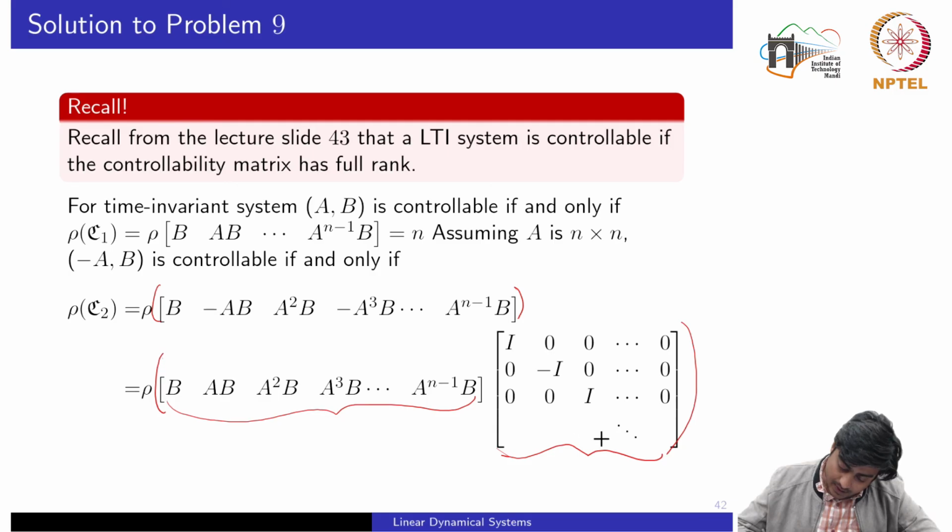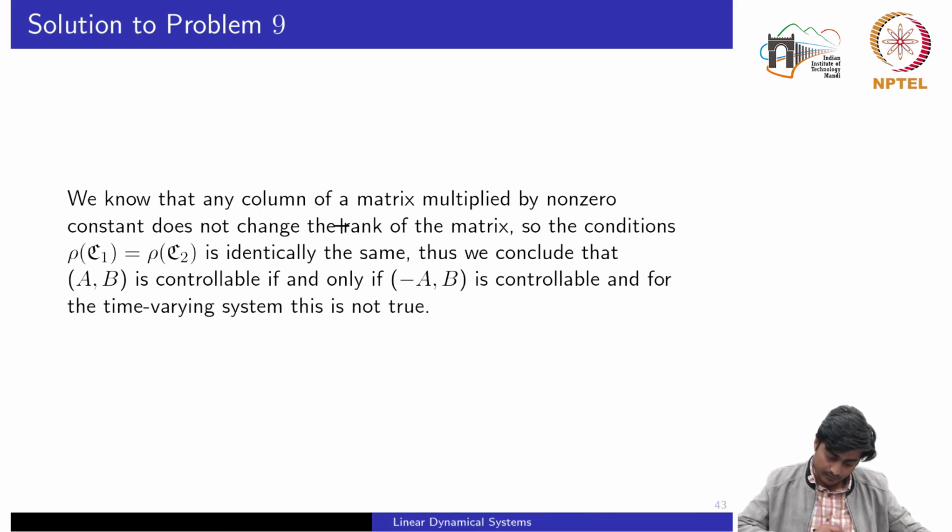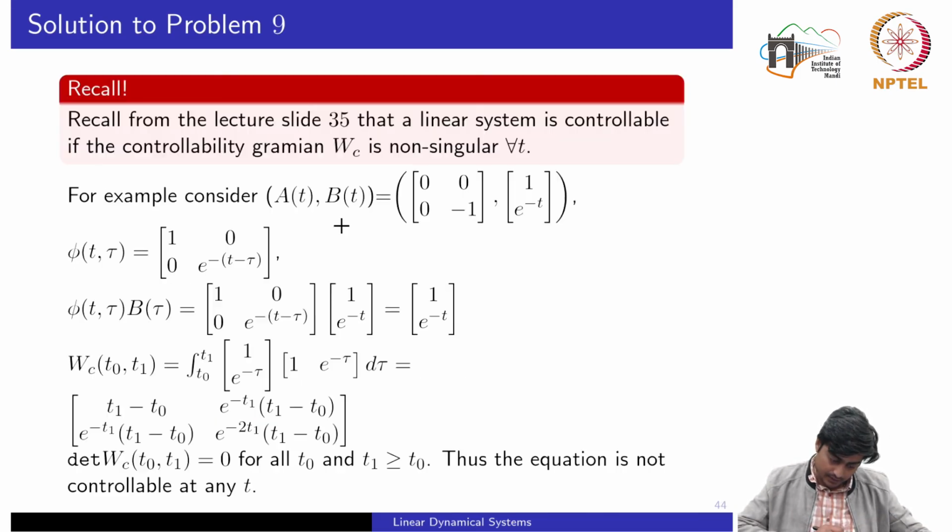And since pre-multiplication and post-multiplication by a non-singular matrix does not change the rank, the rank of this matrix would definitely be equal to the rank of the controllability matrix formed by the original A, B pair. So changing the sign of the A matrix does not affect its controllability properties in the LTI case.